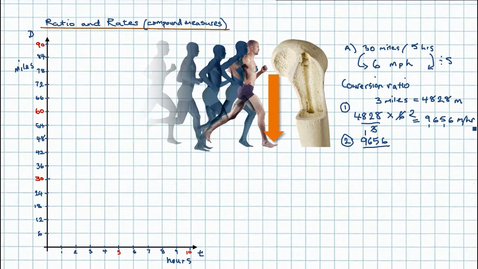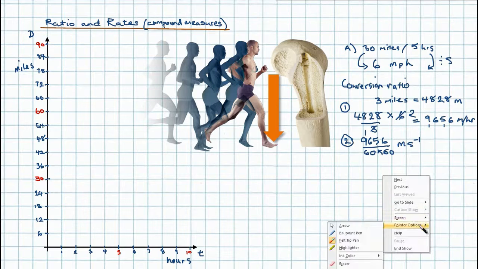Then I'm going to divide by how many minutes there are in the hour. Obviously in 1 minute he's going to go a much shorter distance. I want to divide, so it's dividing by 60. If I then want seconds, I divide by another 60, because he's not going to go very far in a second. And so there I've got my answer, once I calculate it out, of how many meters per second.